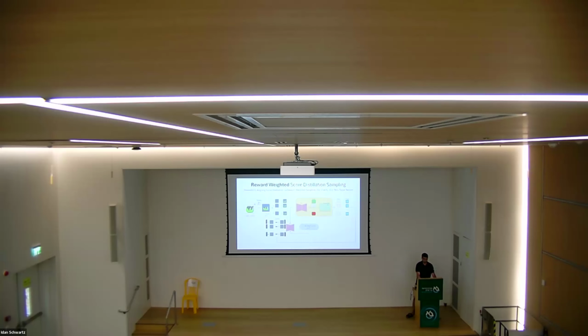So for example, let's say we have a noisy example that ended up producing a bad image according to my reward model. I would want to weight it down in my loss. But maybe I have a good example, then I want to give it a positive weight, a higher weight in my loss. And that's where the reward weighted score distillation sampling is coming from. And I can then backpropagate it again, just like score distillation sampling. Okay. And that works pretty well.